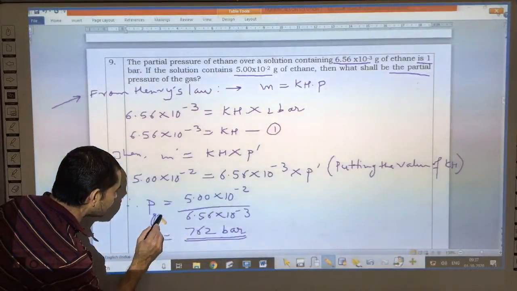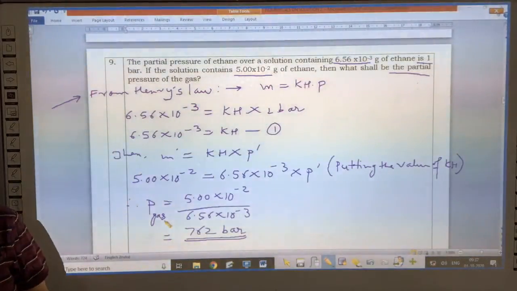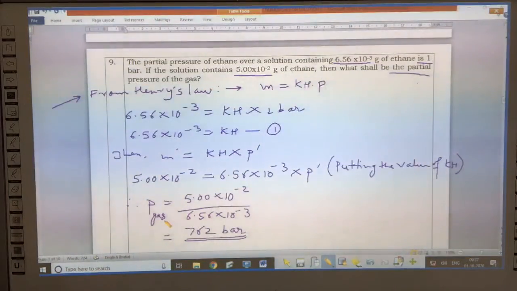The partial pressure of the gas is equal to this value, 7.62 bar. Clear? It is a simple question, it is a 1 mark question.